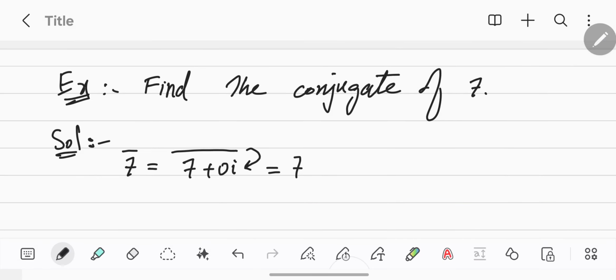So its conjugate will not be changed. The conjugate will only be changed when you have a non-zero imaginary part. Since in this term the imaginary part was 0, the term was unchanged.